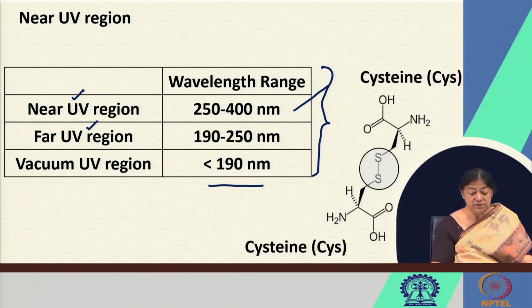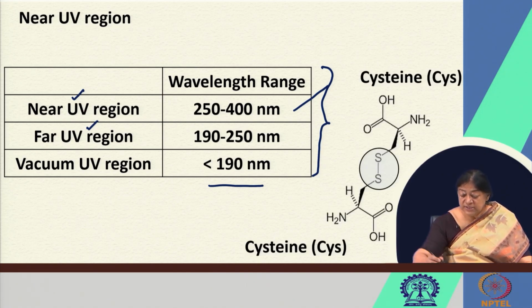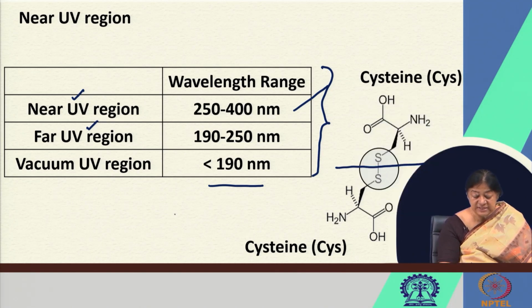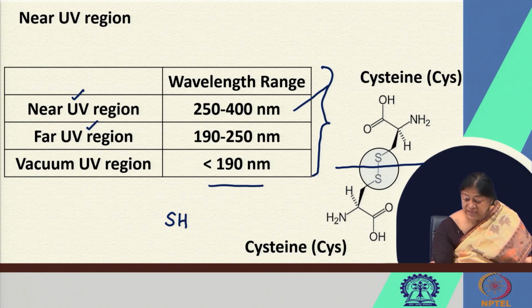Now, in this understanding, this is where we were talking about the cysteine. So, this is the amino acid cysteine, where we have this as the SH. What is the SH? That is the CH2, SH is the side chain. Okay. So, we have the alpha carbon.